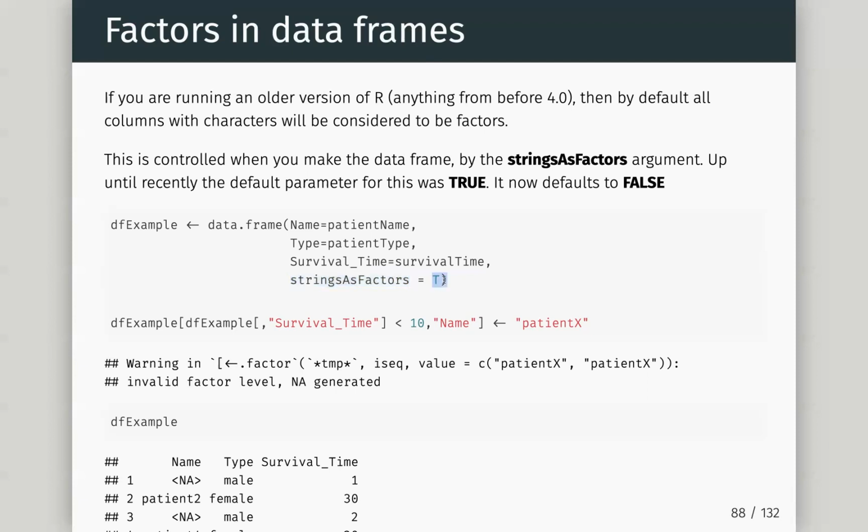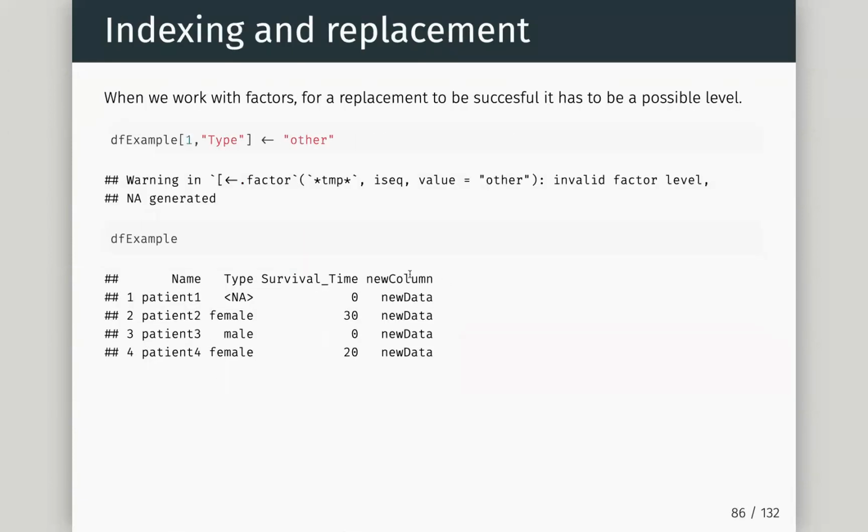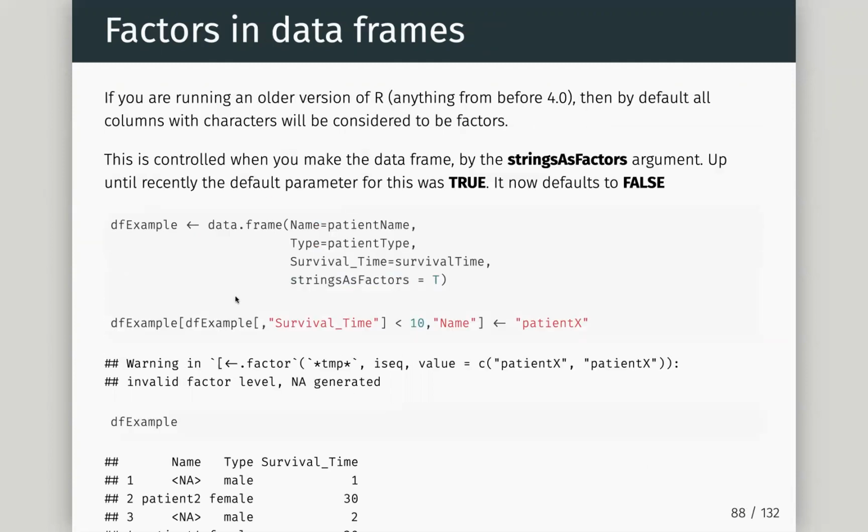So anytime you have a character column, it was going to try and set it explicitly to be a factor. It believed that you wanted to work with categorical data. This, as you can imagine, would be a problem because lots of people would read in their data and they just want to replace little bits, and you would end up with this NA, which maybe isn't really expected. So sometime around R4, or exactly on R4, this got updated. So when we started this course, 3.6, 3 point something, it was different, and this was more of a problem.